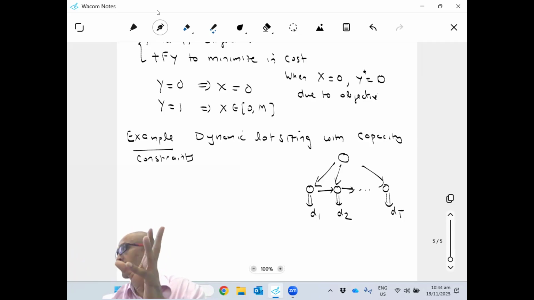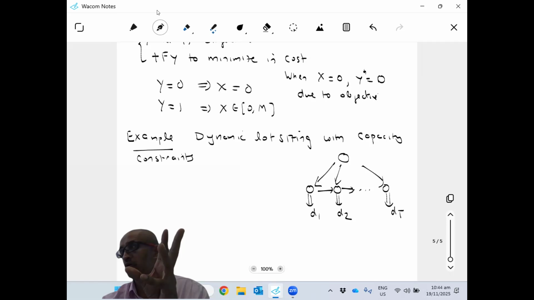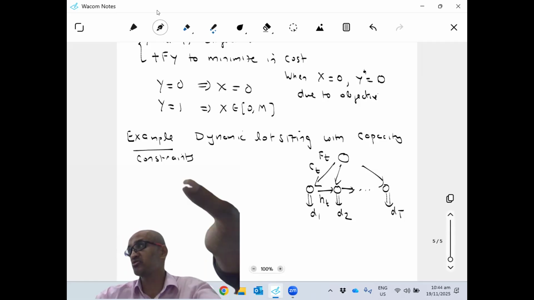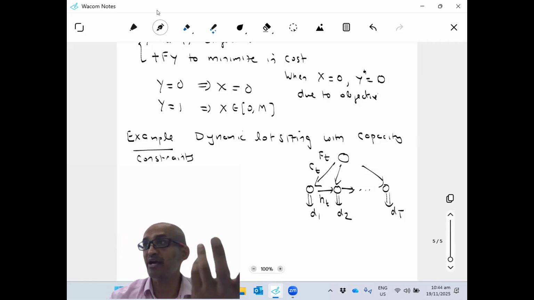If you remember the lot sizing problem, there is a production cost, CT, an inventory carrying cost, HT, and a fixed cost of producing in any time period, FT. So: fixed cost, variable cost of production, inventory carrying cost, and maybe you've got capacity constraints too, which means that you cannot produce too much, or you cannot carry too much inventory. You don't have too much storage capacity. So this you can write as an IP.